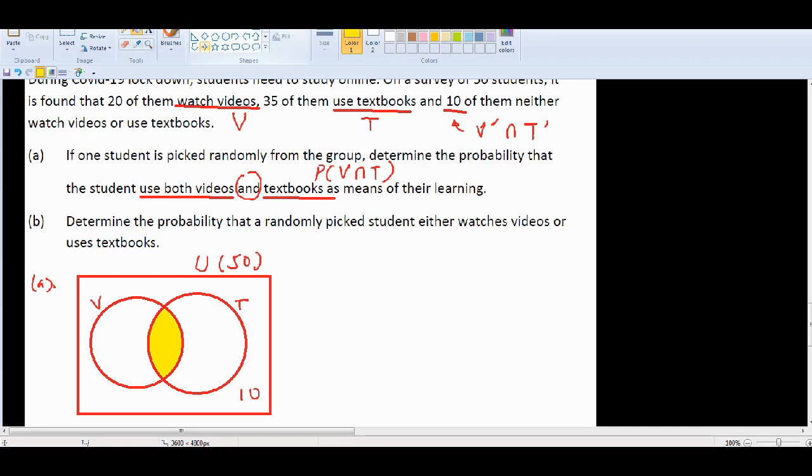Remember, always this overlapping part. If you don't have the information for this part, you just take an X, but it's still important to have that. 20 of them watch videos, so 20 take away X, and 35 of them use textbooks, so 35 take away X. It would be just like this.